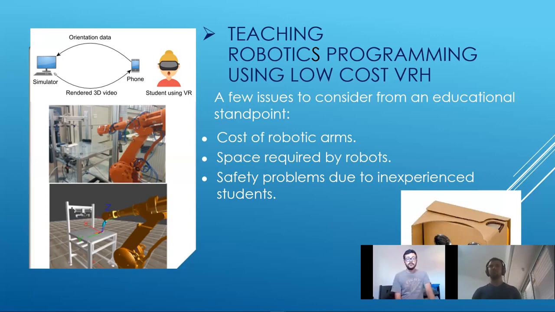And so with this system, we solve the problem of the cost of robotic arms, because you don't need a robotic arm. You can use one in the next stage of learning, but for doing tests, you don't need it. We solve the problem of space required by the robot for the same reason that I explained before. And we solve the problem of security, because the students program the robotic arm and send the program to the virtual world with the virtual reality headset.